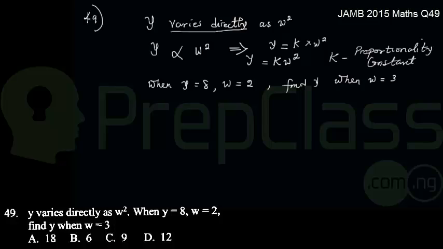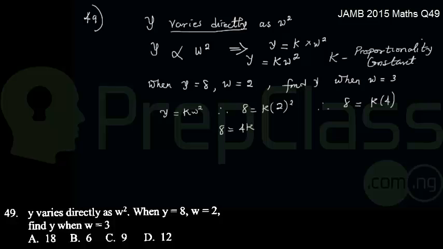So from the equation, we have y equals k w squared. So this becomes 8 equals k, with w given as 2, all squared. Therefore this becomes 8 equals k times 4, and this gives me 8 equals 4k.